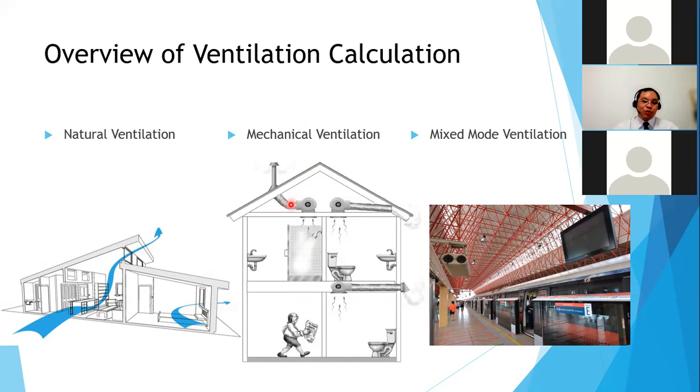That is called mixed mode ventilation. So here's one example of mixed mode ventilation. This is a train station. On top it's open, so the whole platform is actually open, so there's natural ventilation coming in. But inside the station, they also have fans. So fans are still pushing the air from one point to another. That's called mixed mode ventilation.